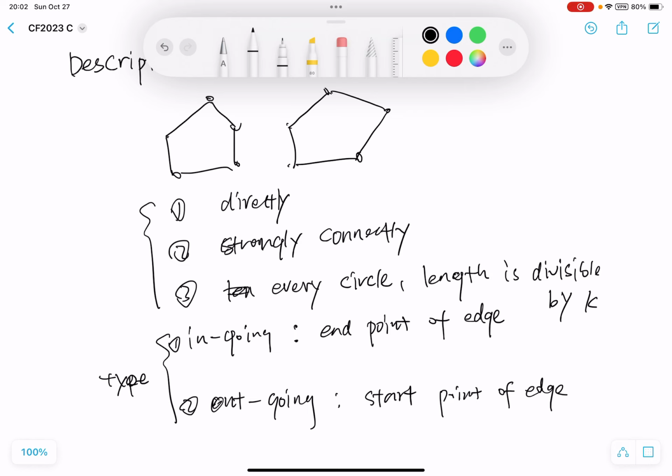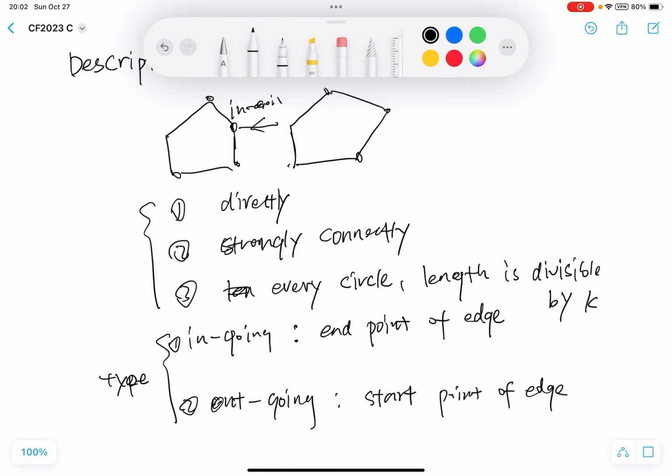For example, if this node is ingoing, that means we can only add an edge from graph 1 to graph 2. In contrast, we can only add an edge from graph 2 to graph 1. We cannot make the contrary direction edge.